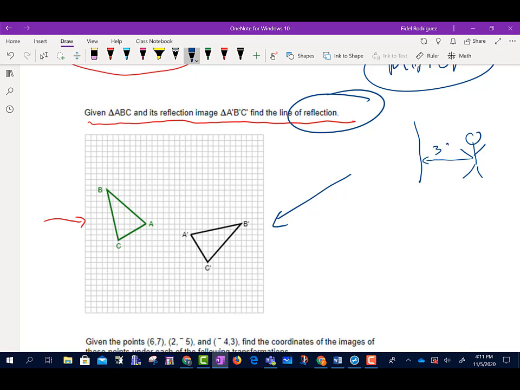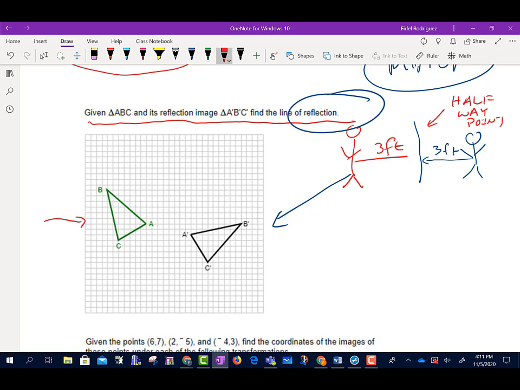Suppose from here to here is about 3 feet. Then my image should be about 3 feet in the mirror, right? So if I look at myself, my mirror image looks like I'm 3 feet back, right? So that mirror is kind of like my halfway point, right?